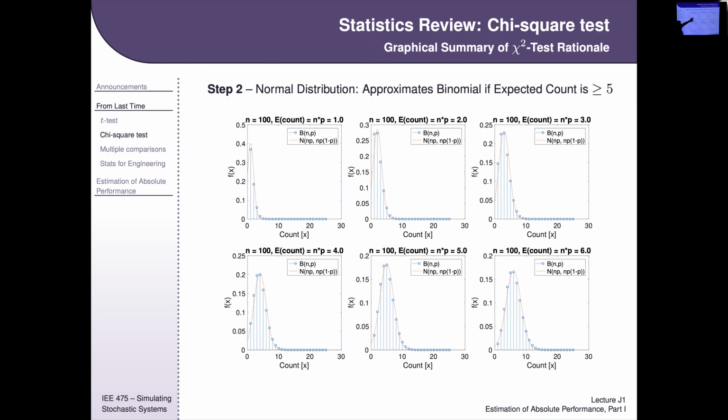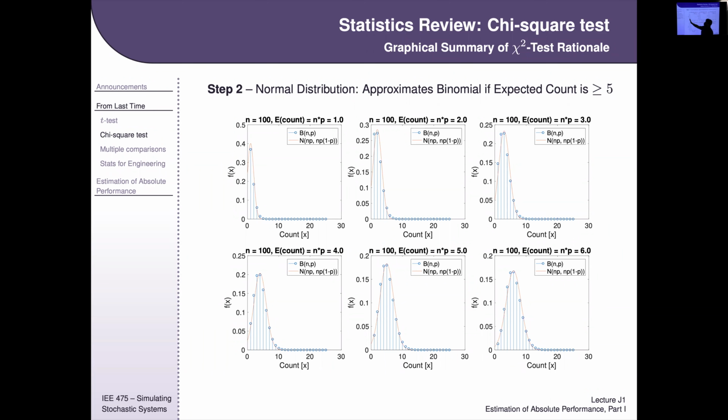So here you can imagine, for 100 tosses, this is the distribution when it's only expected that one of those will come up heads. Down here, this is the distribution when 6 of them are expected to come out heads.